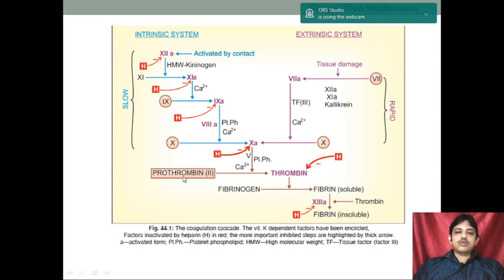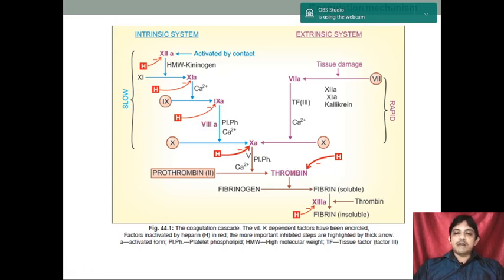Now thrombin is important for the conversion of fibrinogen to fibrin. But this fibrin is soluble in nature. If it is soluble, then there will be no clotting.